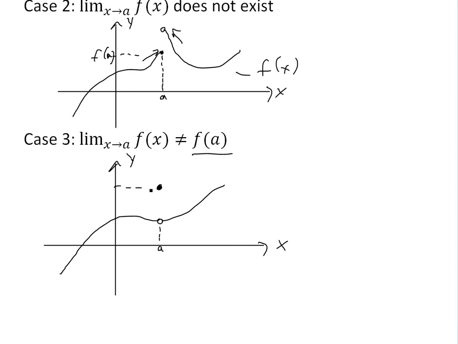This is a and this is f of a, so f of a is defined, so the first requirement is met, and the second requirement is met as well, because the limit exists. As you approach x towards a from both sides, you go to this limit. This is the limit as x approaches a of f of x, but it's not equal to f of a right here. So they don't equal each other, and this is not continuous.